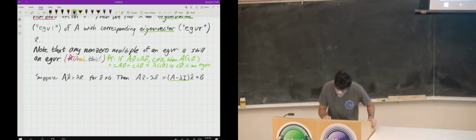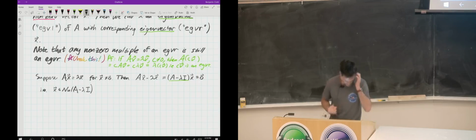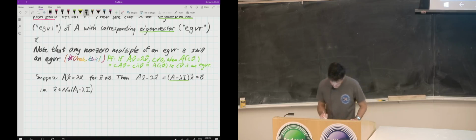So this is equivalent to saying that x is in the null space of A minus lambda I. We have a special name for this space.